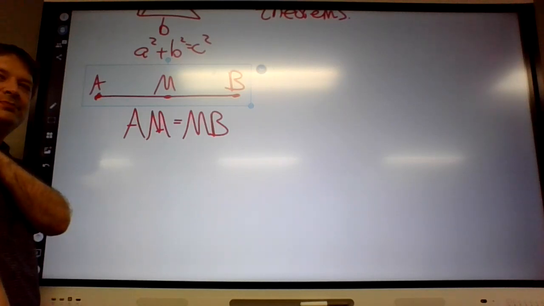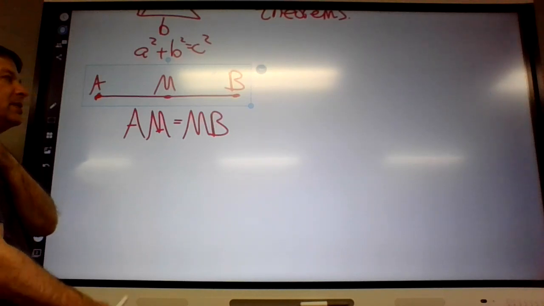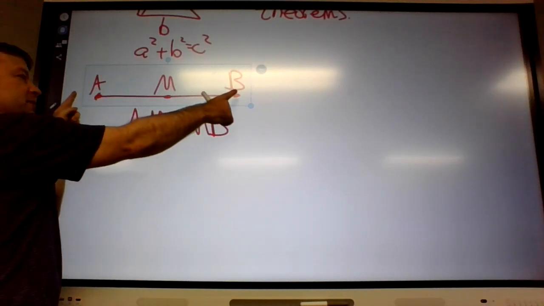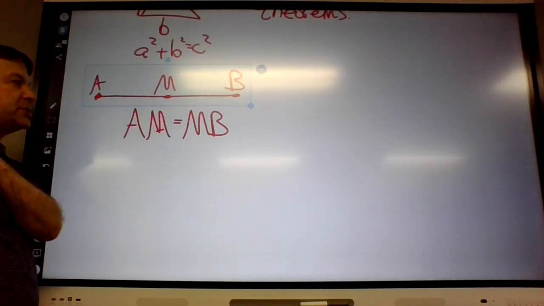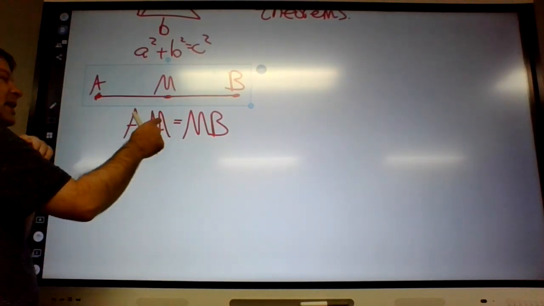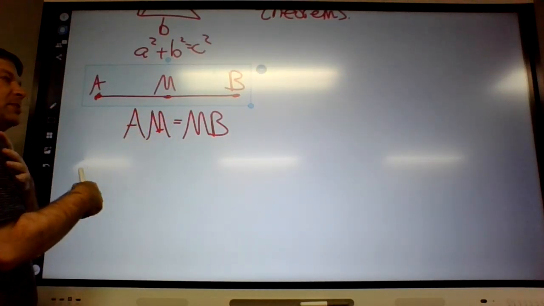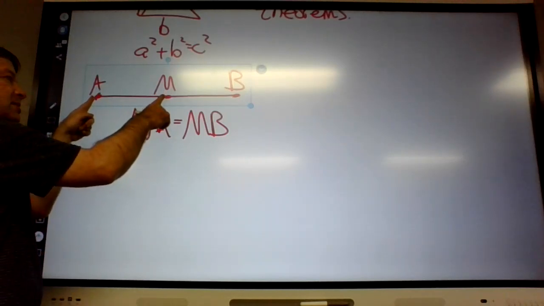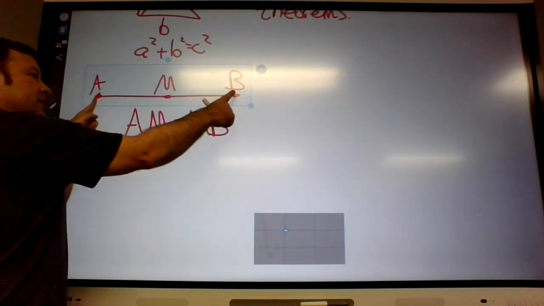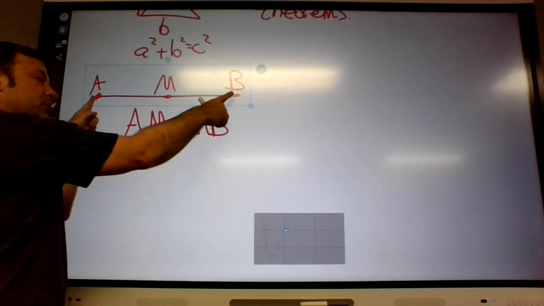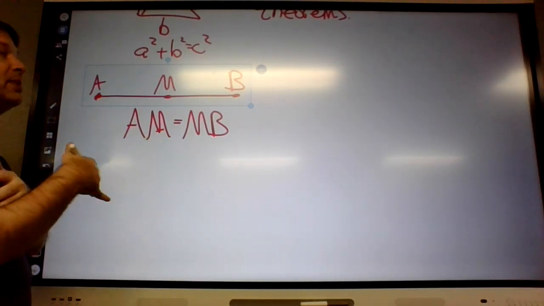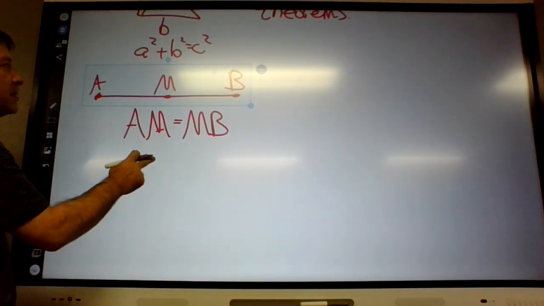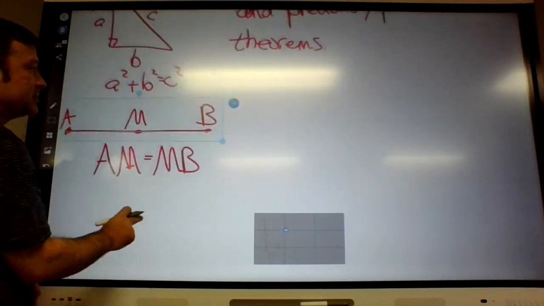Anybody? Maybe you don't know what I mean by compare. Like, how much bigger is this one than this one? Divided by 2. It's twice as big, yeah. So that would be a theorem. That would be called the midpoint theorem: this segment is half of this segment. You could prove that using the definition of midpoint and some algebra postulates, but that's another example.